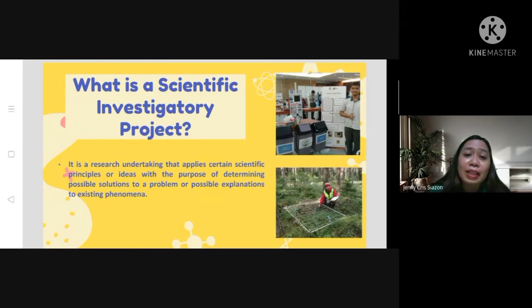So remember class, for us to really acquire factual or objective knowledge about different phenomena happening in our natural world, we need to utilize in our studies the scientific processes, methods, and principles. This will guide us in our journey as students in conducting the scientific investigatory project.